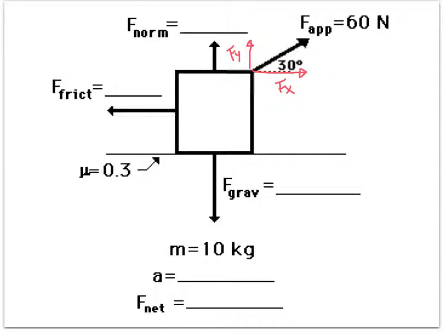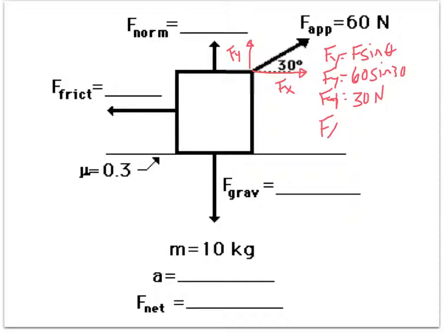I calculate these by doing Fy equals F sine theta. So my Fy equals 60 sine of 30, which equals 30 newtons up.